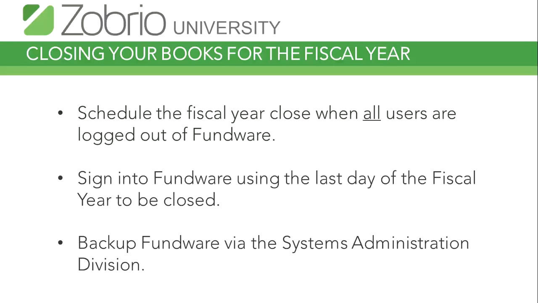It's actually putting it within a subdirectory within your Fundware system. And the reason we do that is if anything happens to go wrong, you've selected a bad closing ID or anything else, it's real easy to restore back to a systems administration backup, and it's almost like a do-over.